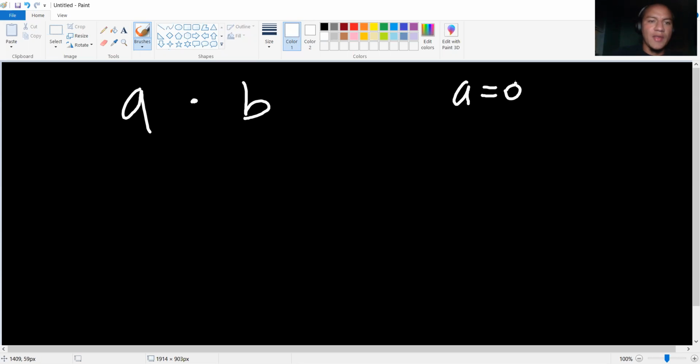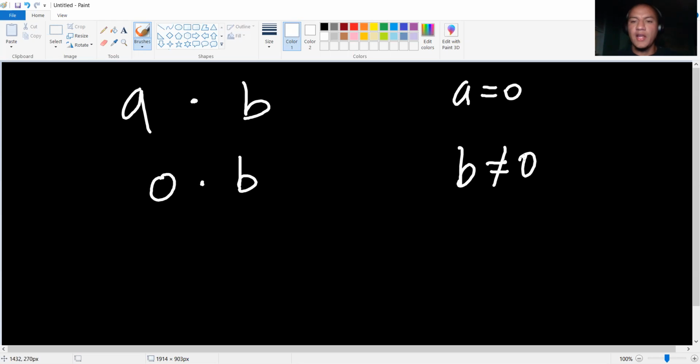Okay, and that means I can rewrite A equaling 0, and then I just multiply by B. No problem there. Now, let's assume that B does not equal 0. And later on, I'll show a case where B does equal 0. For now, let's assume that B doesn't equal 0, okay?